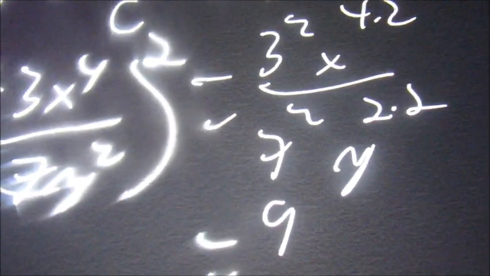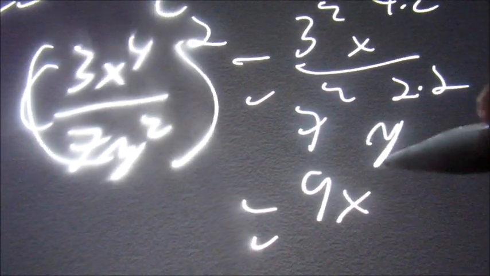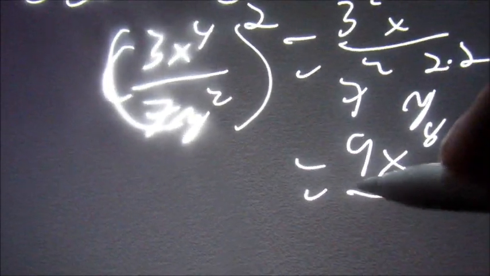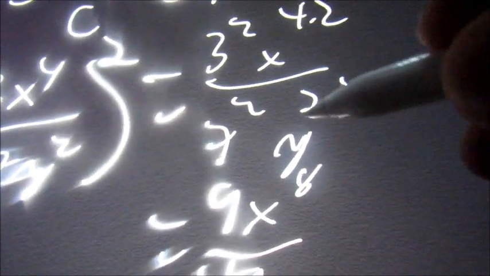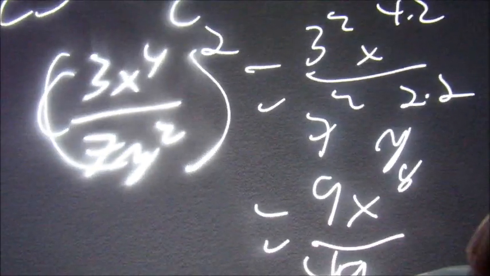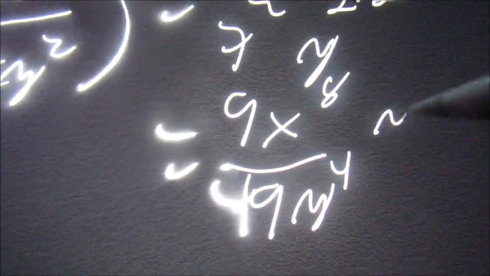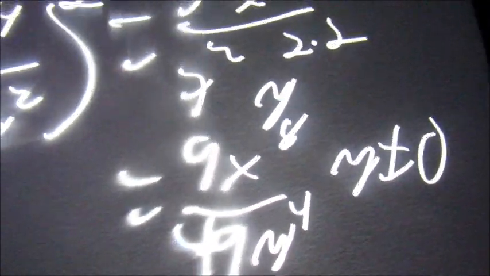So 3 squared is 9, x to the 4 times 2 is x to the 8, and here 7 squared is 49, y to the 2 times 2 is y to the 4, and in this situation y cannot equal 0.